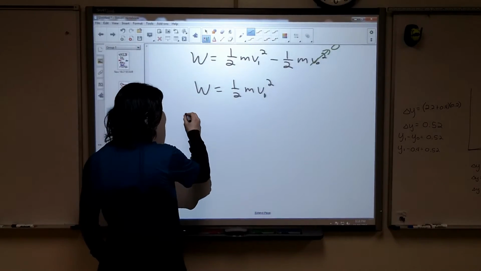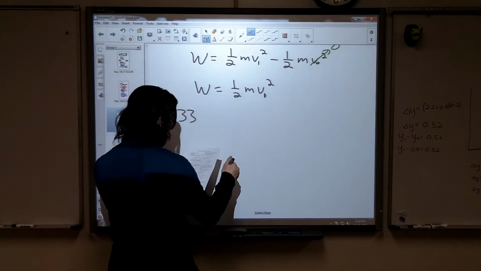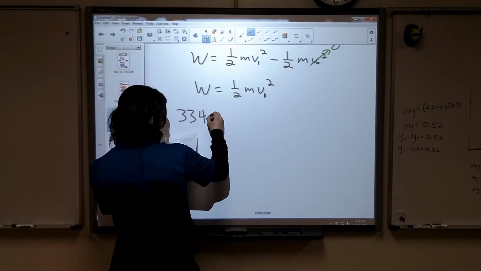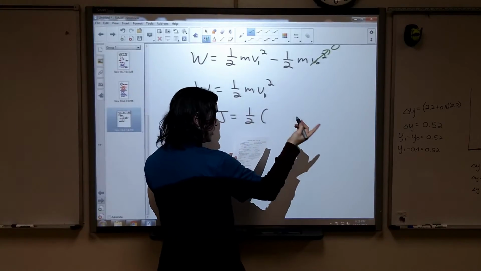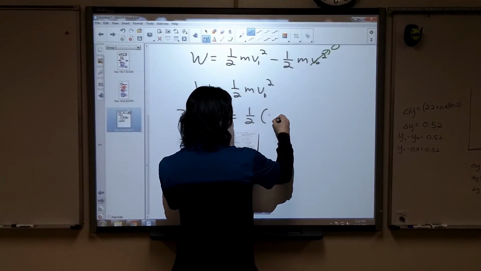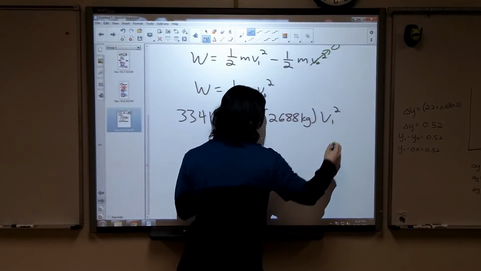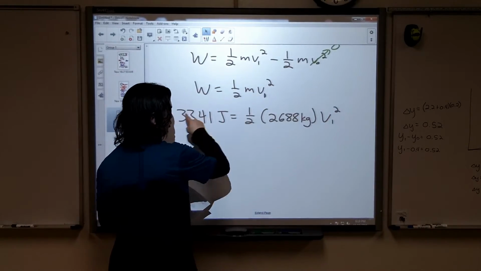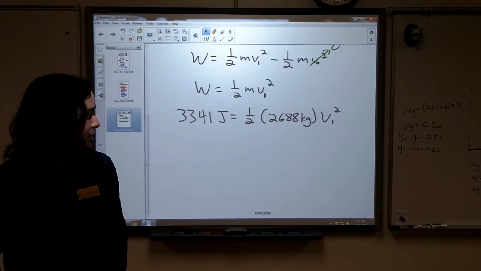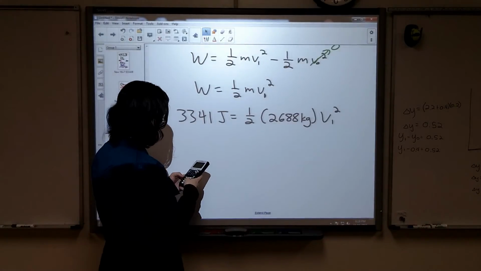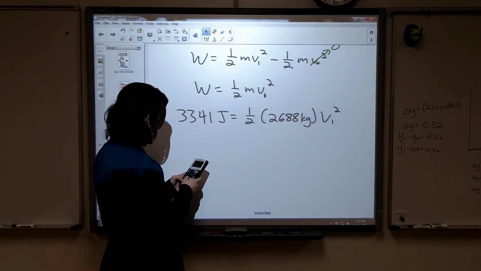Well, we know that the work that the mechanic has done is 3,341 joules. I shouldn't take credit for the mechanic's work. 3,341 joules equals 1/2 the mass of the car, because that's what's getting the energy, which is 2,688 kilograms, times v final squared. I'm going to multiply both sides by 2 and divide both sides by 2,688 to try and get v final squared by itself. So 3,341 times 2 divided by 2,688.